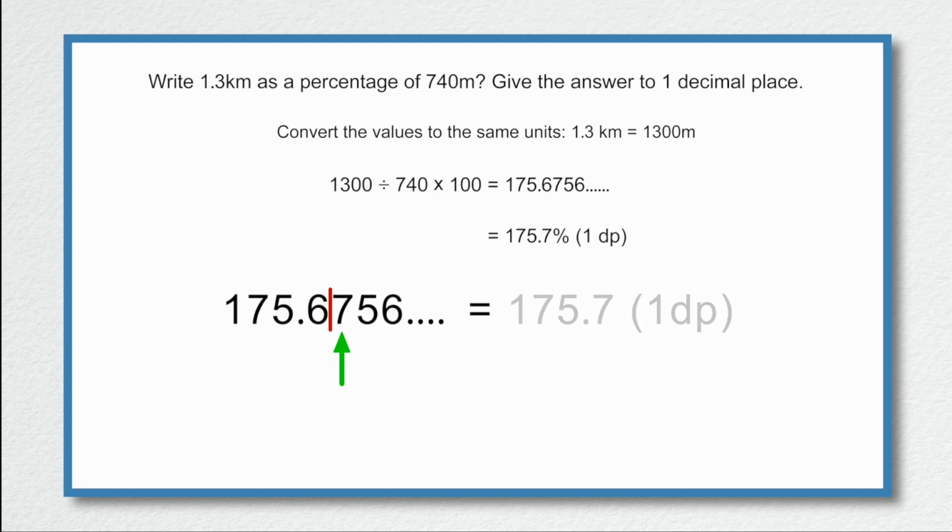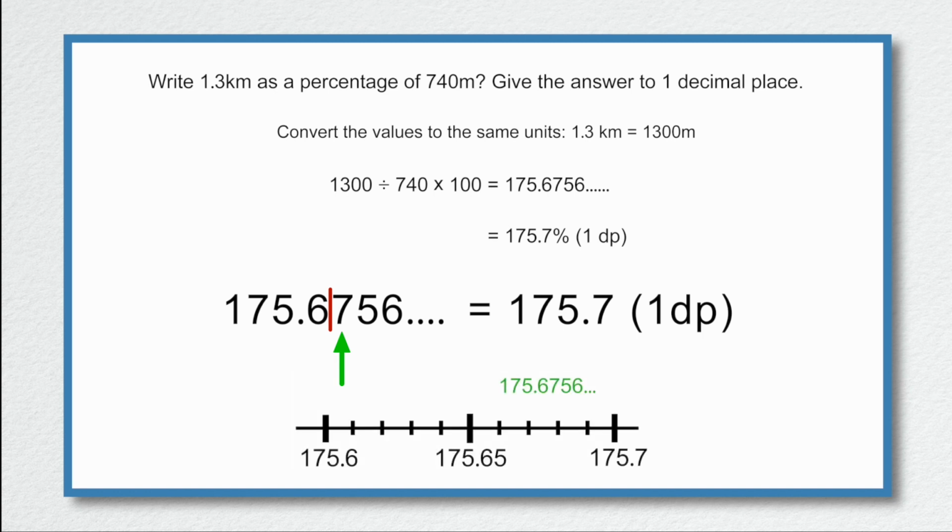And that's why we end up with 175.7 to 1 decimal place. And here's how this would look on a number line. Our limits are 175.6 and 175.7. Our midway point is 175.65. And this is where our answer fits on that number line.